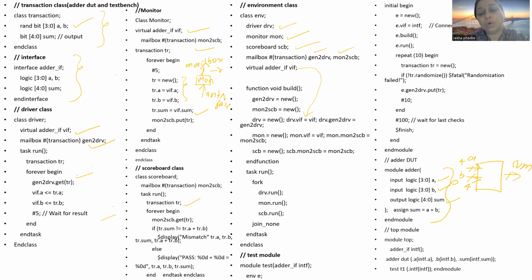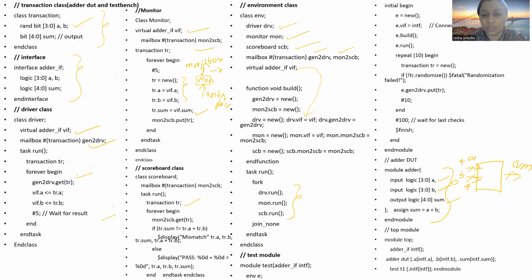Then we run all these components inside a task run. We use fork and then join_none. It's not a fork join, but a fork join_none. The reason being, I want all these to run parallelly, independently of each other. They need not wait for sequential execution and then make the other statements execute after them.